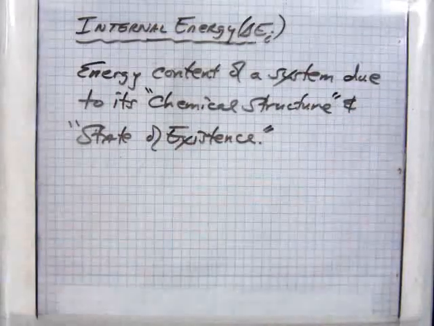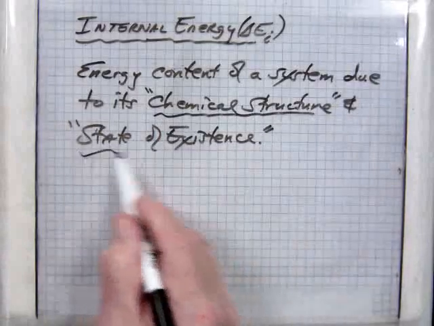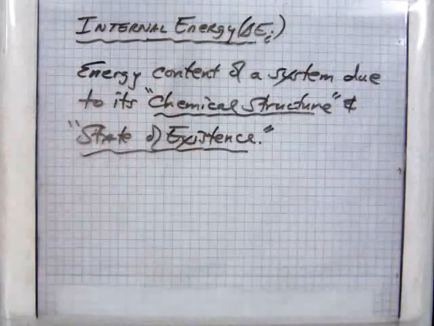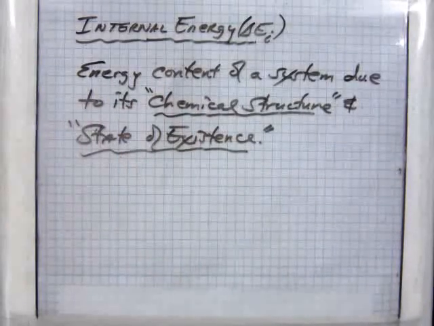So two factors, chemical structure and state of existence, go into what we refer to as the internal energy factors associated with the reactions that we're going to be doing.